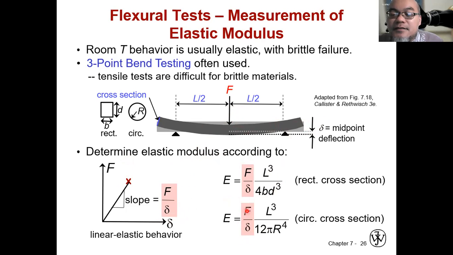You obtain F over delta as the gradient, the slope. Times the dimensions, you can obtain the Young's modulus of that ceramic or hard material.